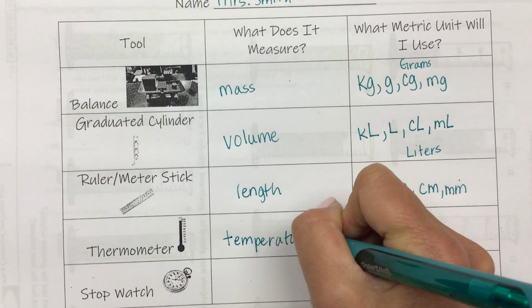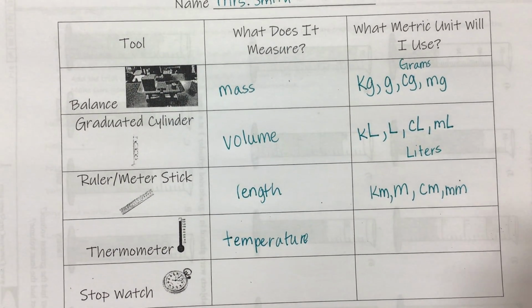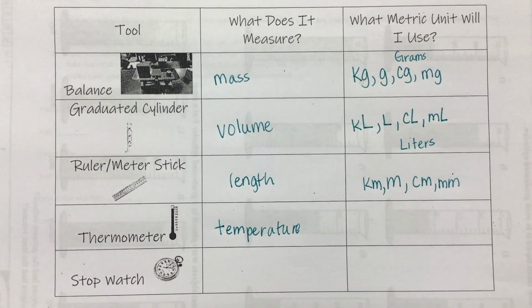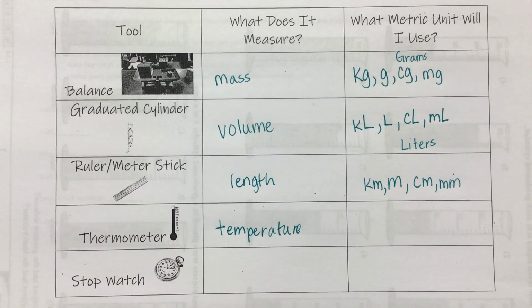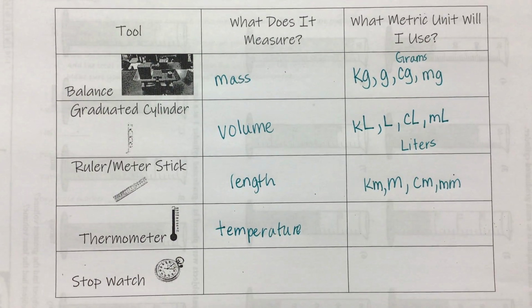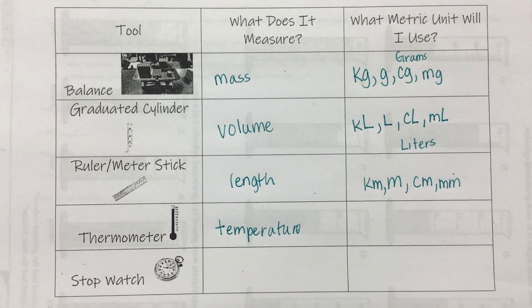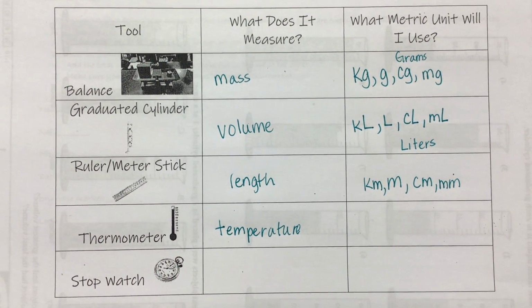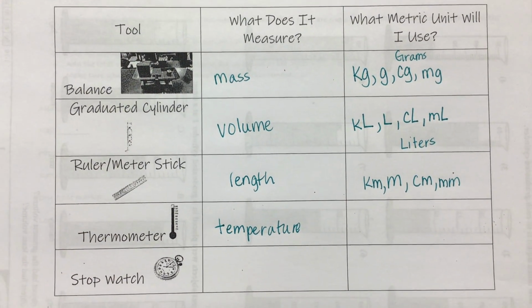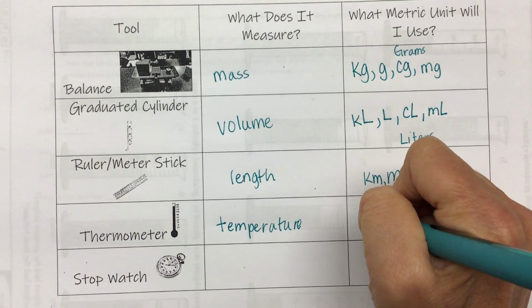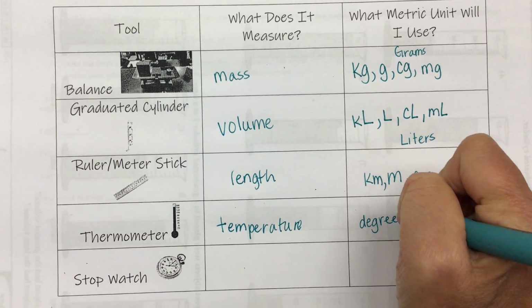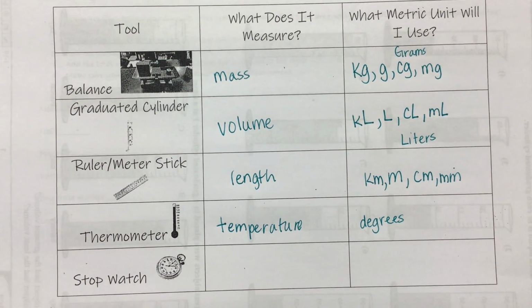You can use a thermometer to measure the temperature of a lot of things. What is our unit for temperature? What's the unit for temperature? I only have 2 hands up. Only 2 people can tell me. Oh, your temperature is 100 degrees. But now we are used to measuring in degrees Fahrenheit.